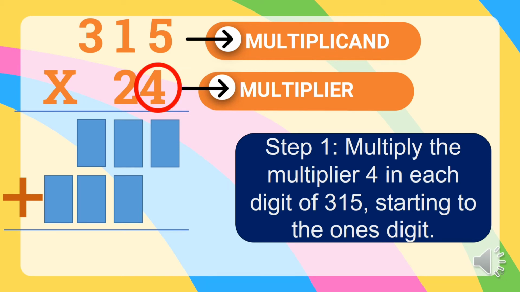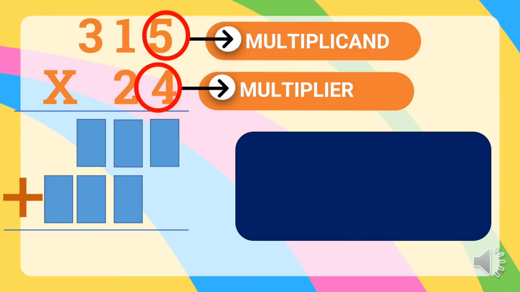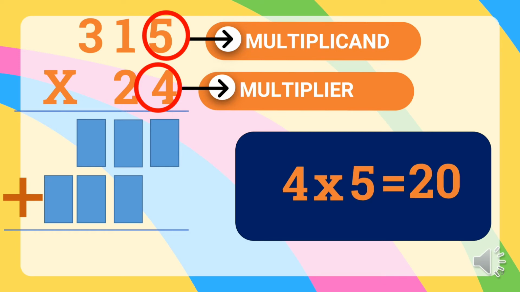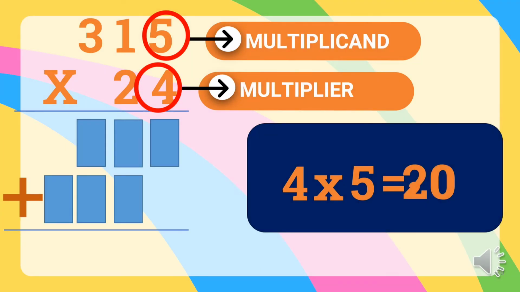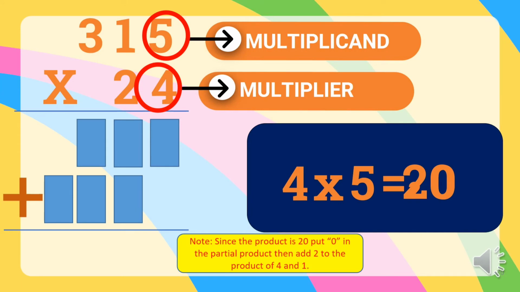So we have 4 times 5 is equal to 20. Since the product is 20, put 0 in the partial product, then add 2 to the product of 4 and 1.